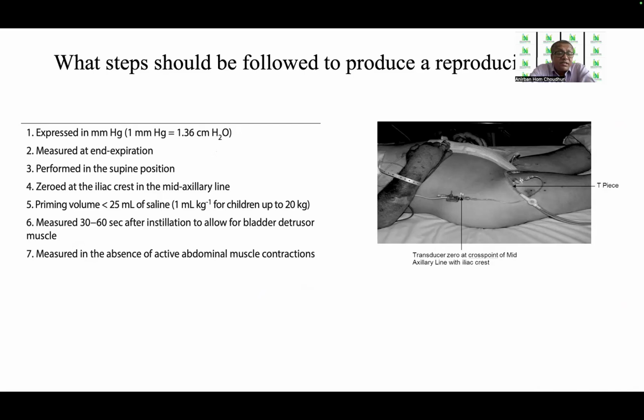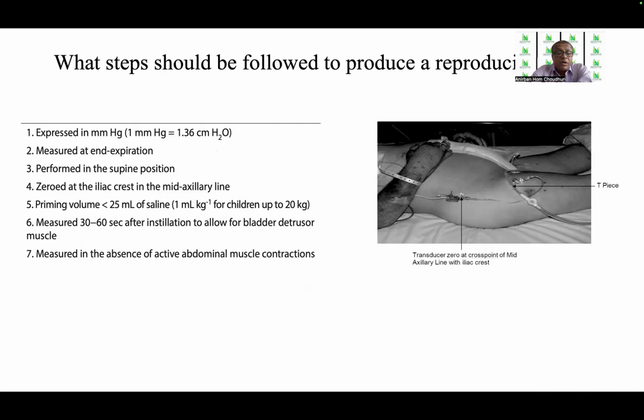Measure 30 to 60 seconds after instillation to allow for bladder detrusor muscle relaxation. If the bladder detrusor muscle is contracting, it can lead to 4 or 5 differentials, and it is good to avoid them. And measure in the absence of active abdominal muscle contraction.